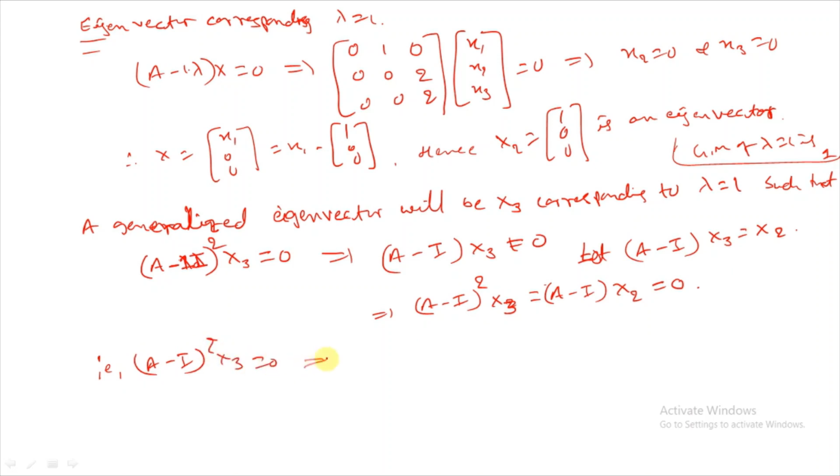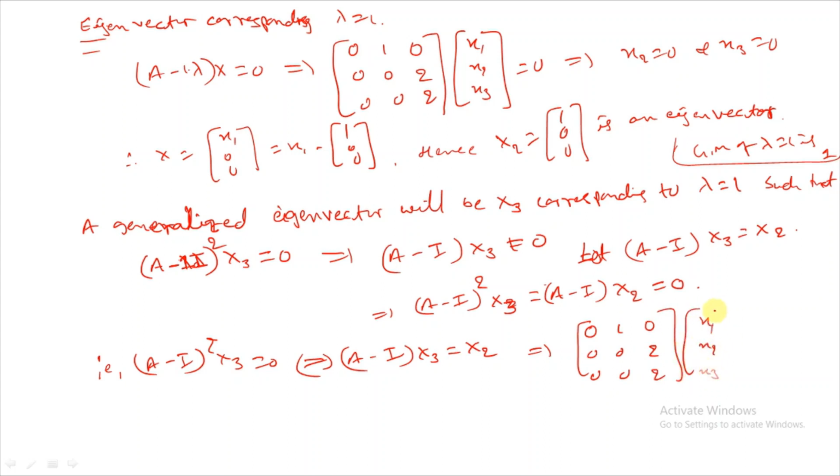You can define only (A minus I) x3 equal to x2. Now find this one. A minus I is the matrix 0 1 0, 0 0 2, 0 0 x3, applied to x1, x2, x3 coordinates. x2 is 1 0 0. Now solve this equation.